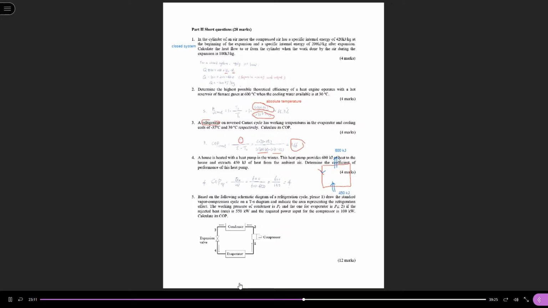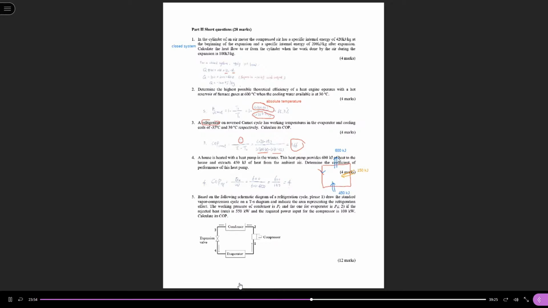Then, according to the first law, we know that for the work, it shall be 150 kilojoule. So therefore the COP of the heat pump for heating shall be the expected output, the heat, over the required input, the work. Then we can calculate the results, the COP, as 4.